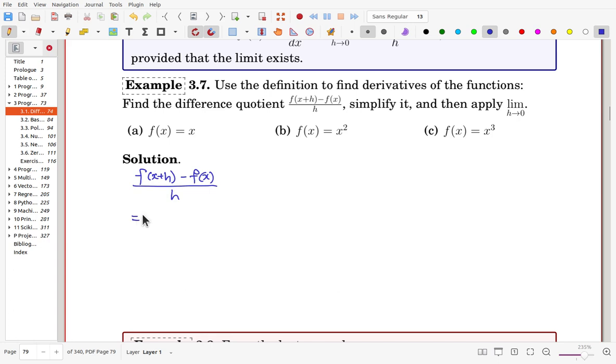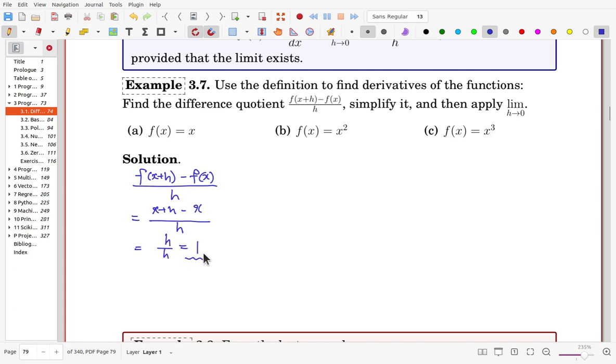Okay, that is same as x plus h, because f of x is x. It is same as x plus h and minus x, divided by h. Now that x and this x will be cancelled, and the remaining part is h over h, which is 1.